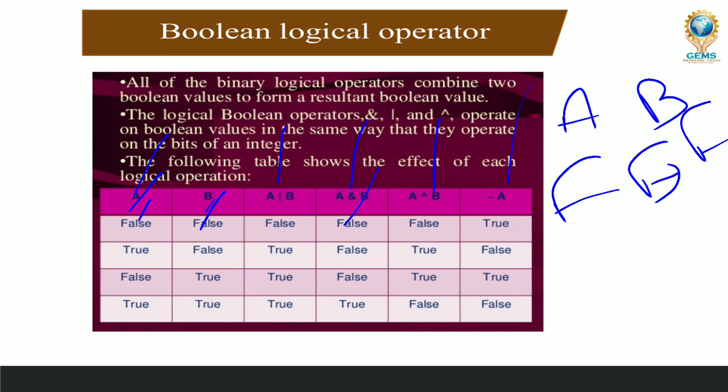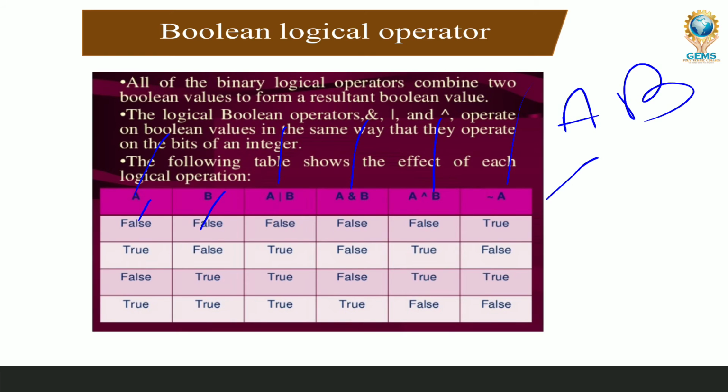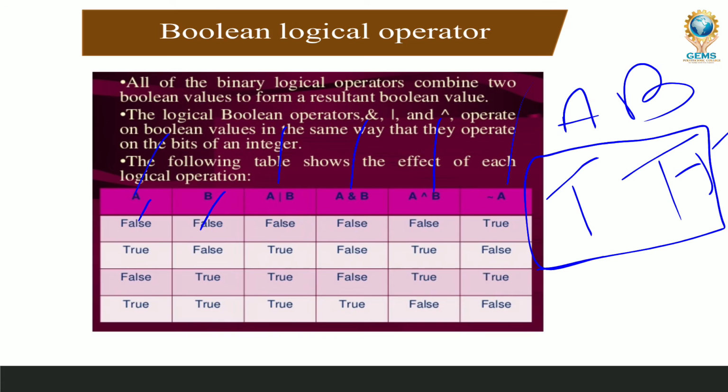If A and B are both true, then the output is true. Only in this case the output is true; in all remaining cases the output is false. It is quite the opposite of the OR operator. In the OR operator, when both are false, the output is false; in all remaining cases, the output is true.